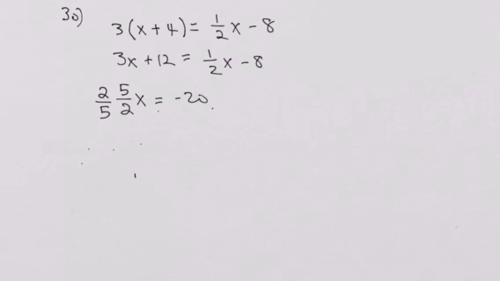But if I multiply the left side by 2/5, I've got to multiply the right by 2/5. And now I've got just x on the left. And when I do this math, multiplying -20 by 2/5, the end result is -8. All right, so that's problem 30. I'm going to keep going.